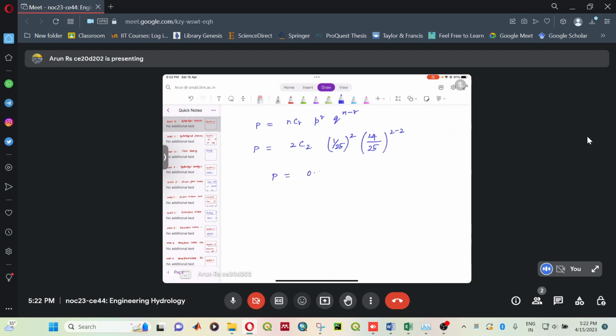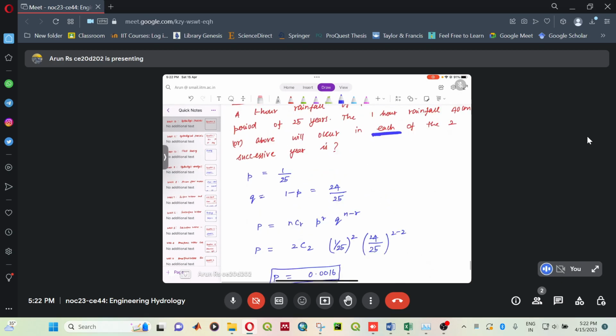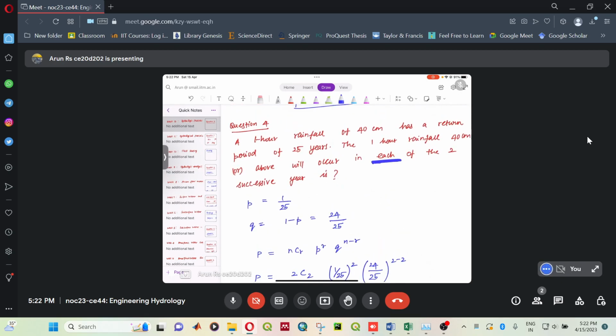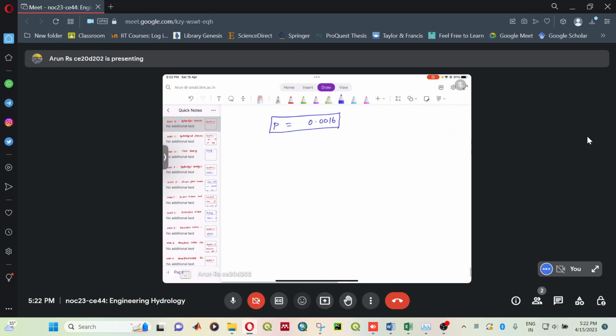So this will be equal to 0.0016. So here we need to be careful about the words each of the 2 successive years.